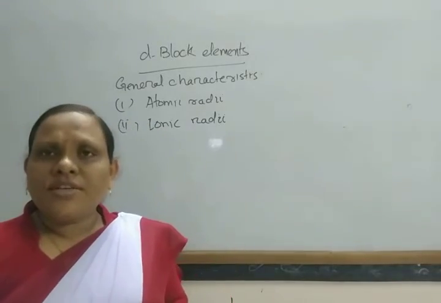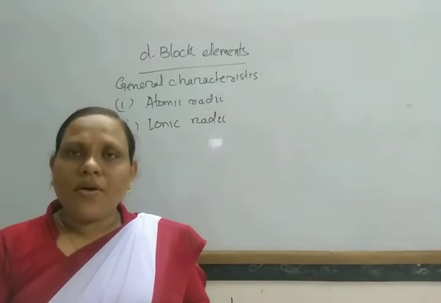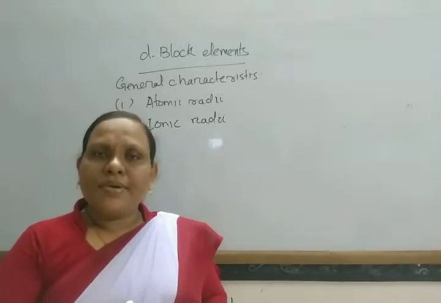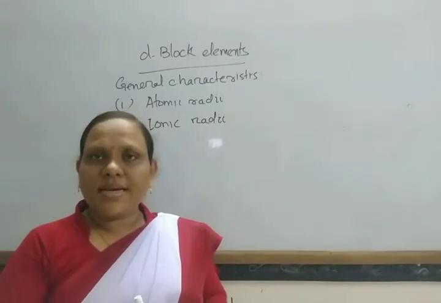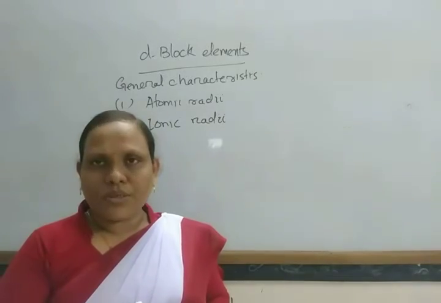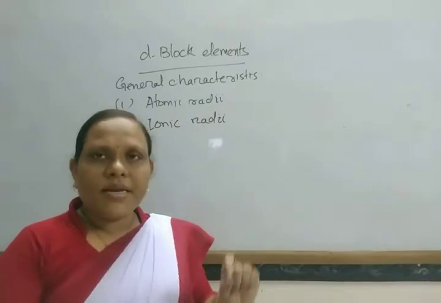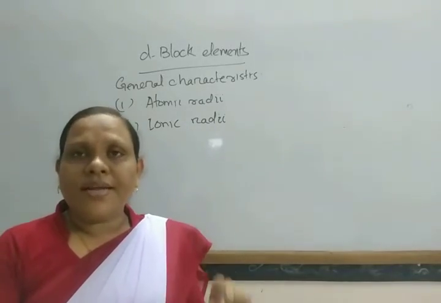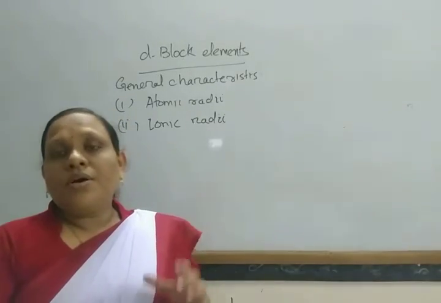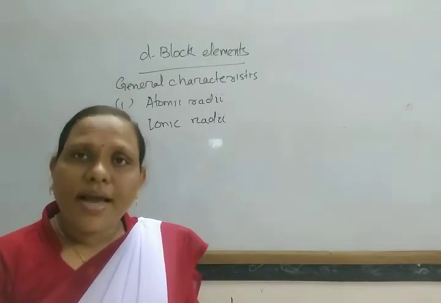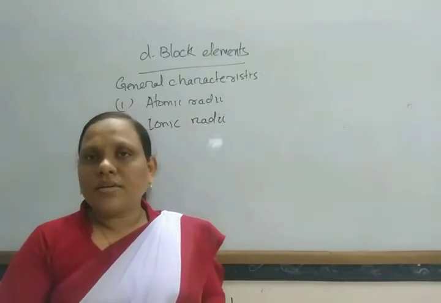Another thing, the transition elements form different types of ions with different oxidation states. For example, iron exists as Fe2+ and Fe3+. Copper exists as Cu+ and Cu2+. For any element which possesses different ions, the ion which has the higher oxidation state has a lower ionic radius than the other.